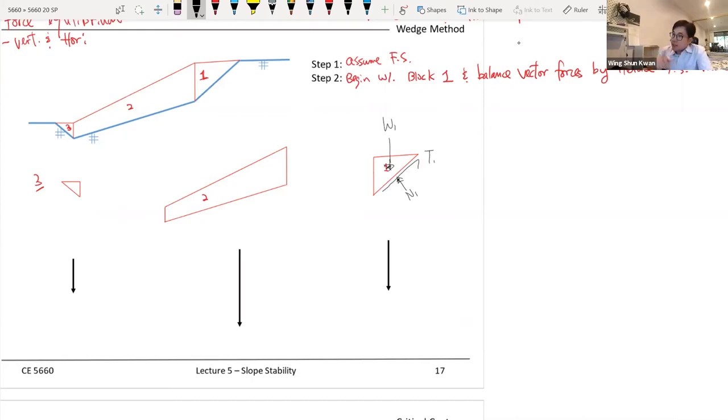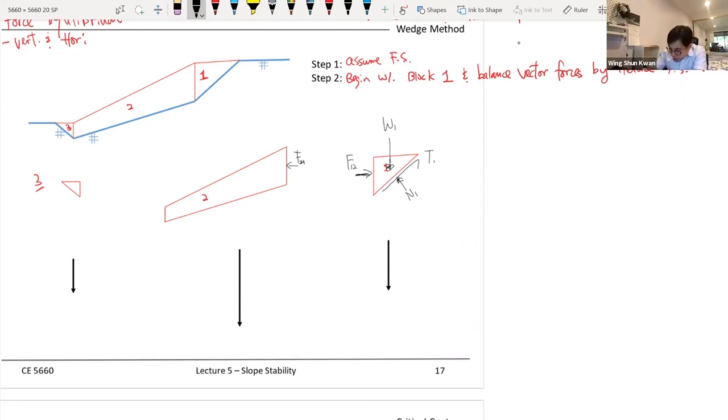And in between slices, there will be a resultant force. So this is block number 1 acting on block number 2, and there will be a resulting force from block number 2 on block number 1.